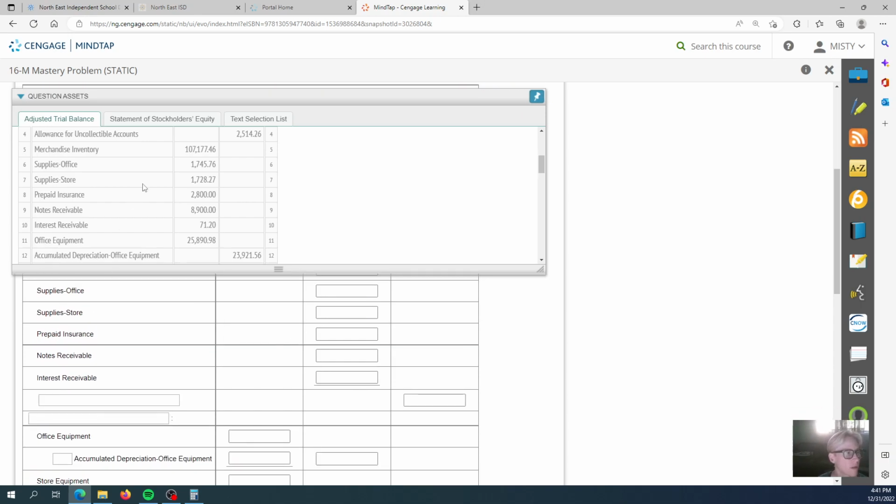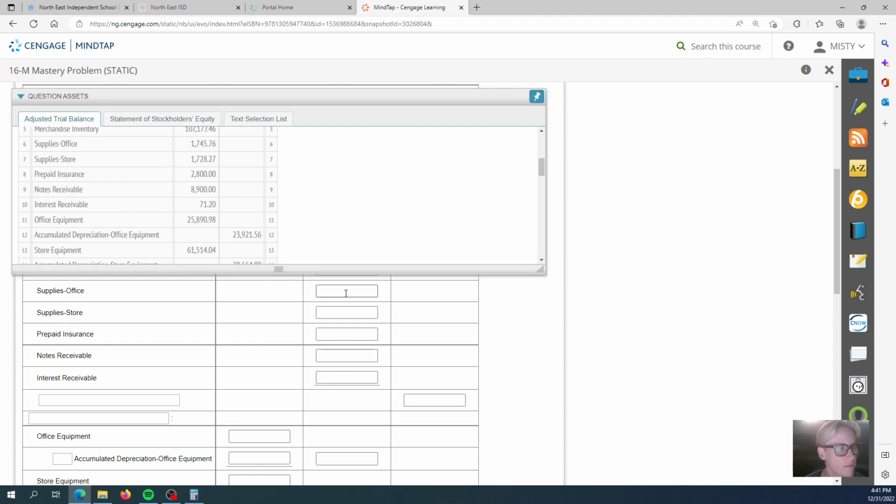We have our office supplies. 1745.76. We have our store supplies. 1728.27. And prepaid insurance. Notes receivable. Interest receivable.